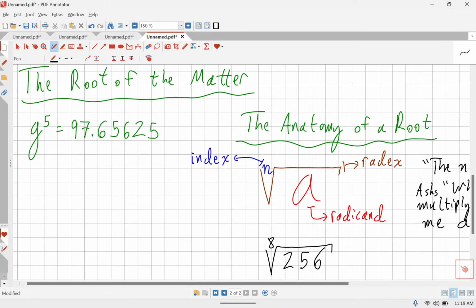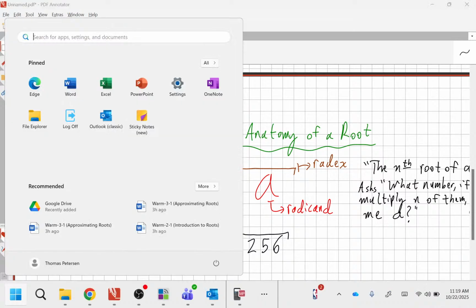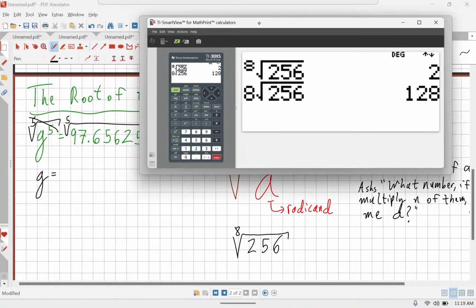Okay, how does this help us? Well, guys, I don't know what number multiplied 5 times is 97.65625, but you know what will? My calculator, if I take the 5th root of both sides, because what number multiplied 5 times is g multiplied 5 times? A g. And now I'm going to take the 5th root. Let's scooch this guy over here.